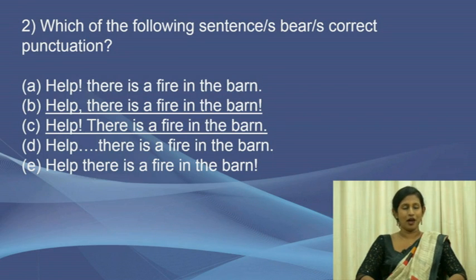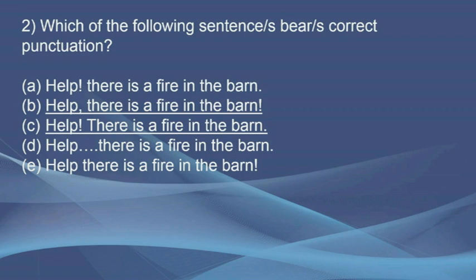Help! There is a fire in the barn." Okay, and the third one, the C, sounds like "Help," and you stop there. "There is a fire in the barn." You see, with the exclamation, when you speak also, you have to use these punctuation marks, which is very important.